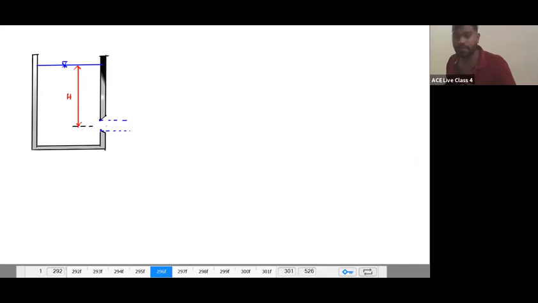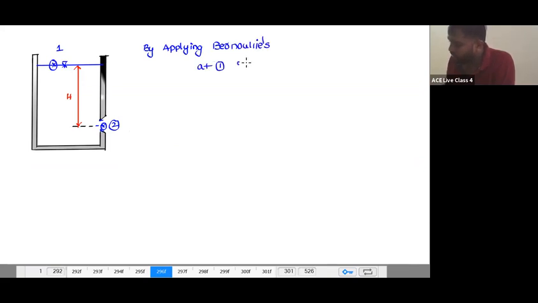So now let's see this figure once again. Now I am going to apply Bernoulli's equation by taking this as point number 1 and this as point number 2. By applying Bernoulli's principle between 1 and 2, you know that the total head at any section is the same.